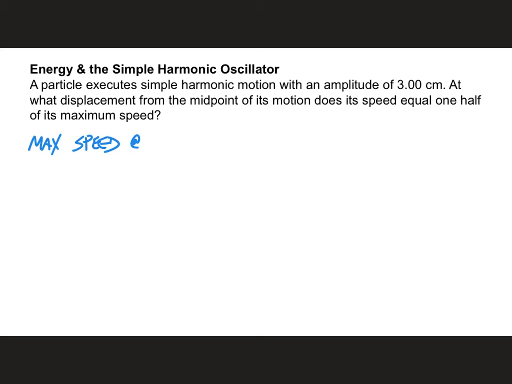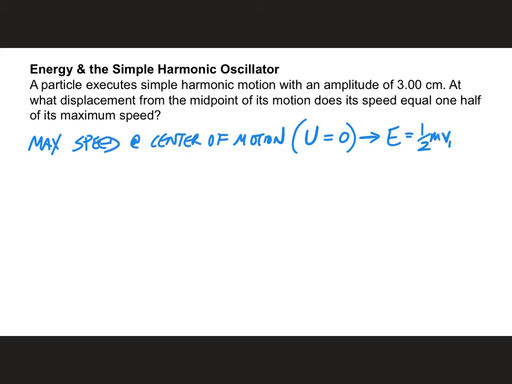So max speed at center of motion, okay, and at center of motion, the potential energy is 0. So if you think of a spring, what this points us to is that the total energy is going to be 1/2 mass times the maximum speed squared.